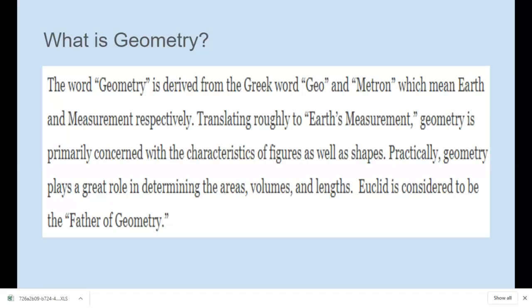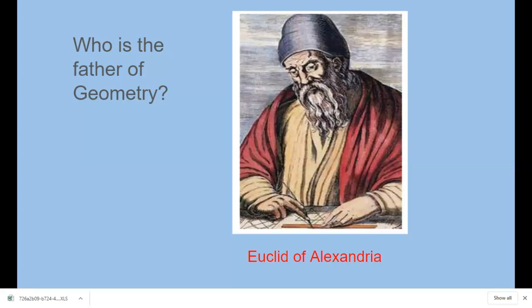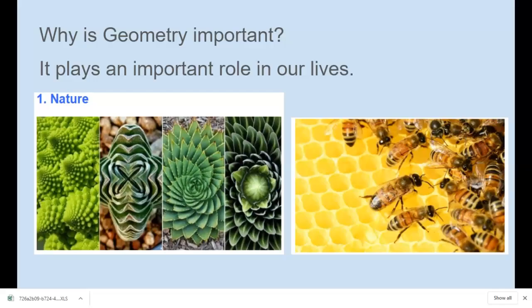Practically, geometry plays a role in determining the areas, volumes, and lengths. And according to history, it was Euclid who was considered to be the father of this subject, and that's him, Euclid of Alexandria.